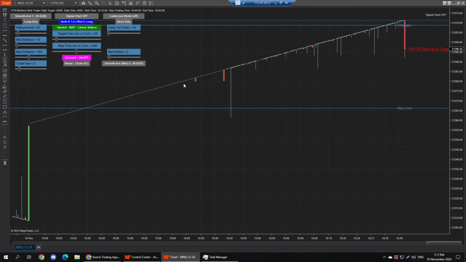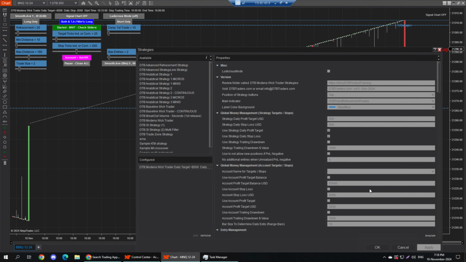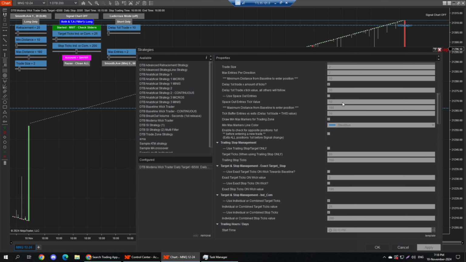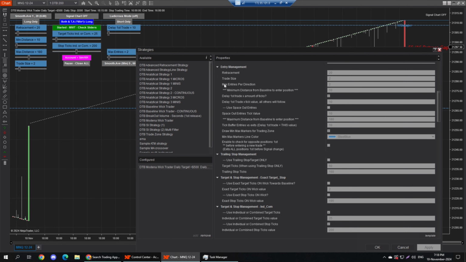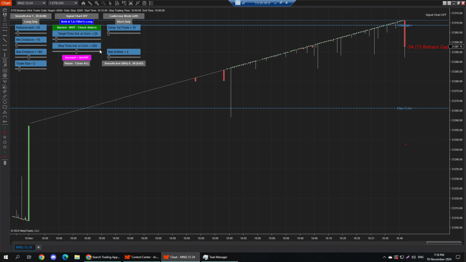So it's quite a powerful strategy in the sense of the functionality, because those settings are updated in there. So you can see the trade size has increased to 2 because we've adjusted the slider. So it just provides you the ability to make adjustments to the automated strategy without having to go and disable it and re-enable it, changing settings. So a real-time management tool.